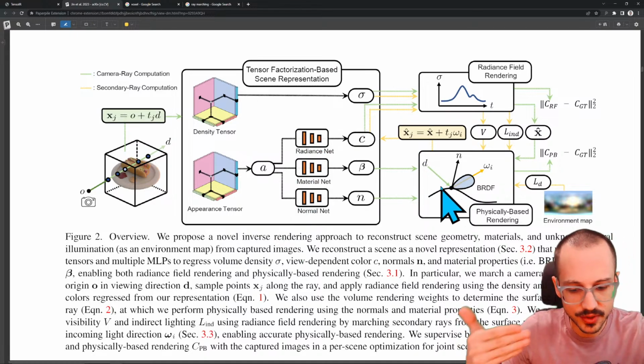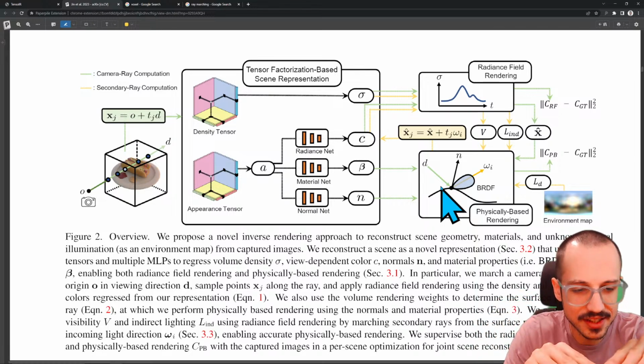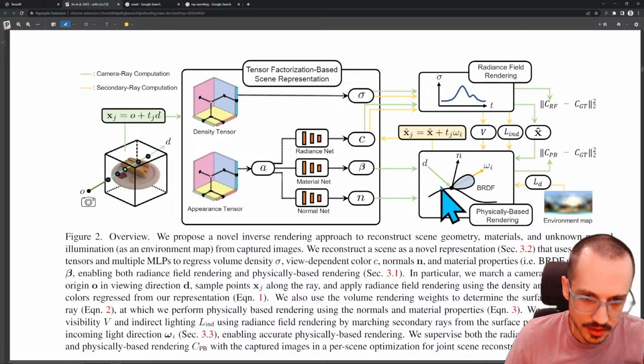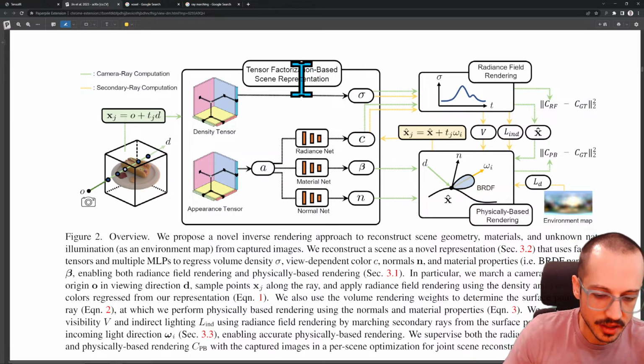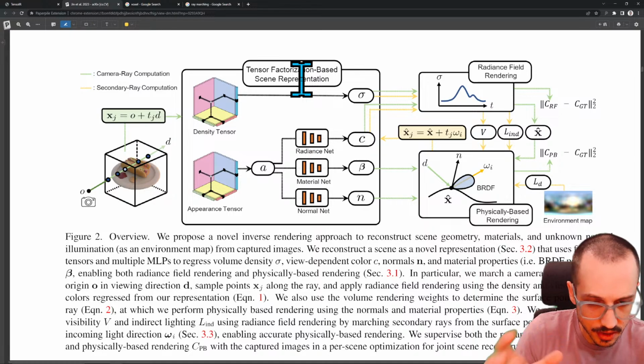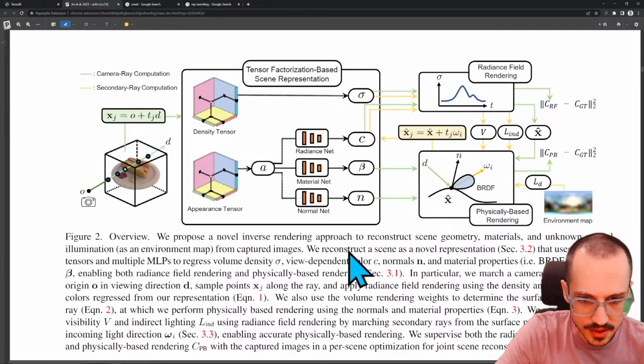Because you have two different kinds of loss functions pushing gradients, the final models are not just getting good at estimating the color, but they're also starting to learn an implicit understanding of the actual material and object in the scene itself. So I think this is a simple concept, and I like it.